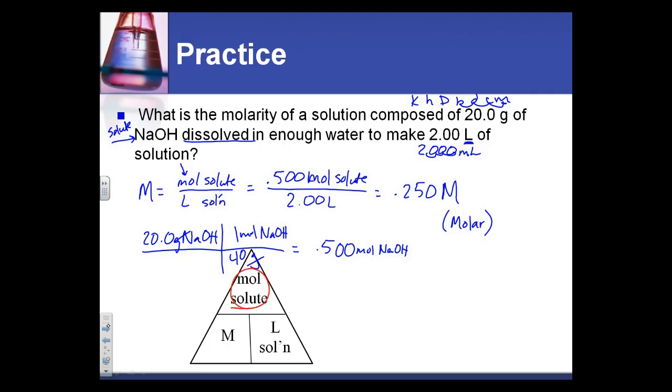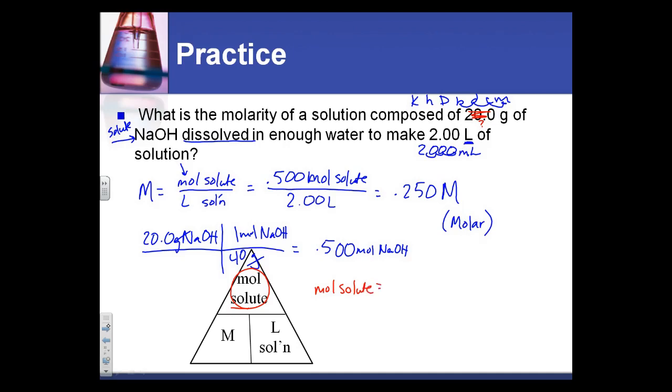How much do I need to weigh out? So again, this is going to be a question of how much solute. Well, in the formula, the only thing that has to do with my solute will come out in moles, but that's okay. If I can get the answer of how much solute in moles, I can easily convert it to grams using molar mass.